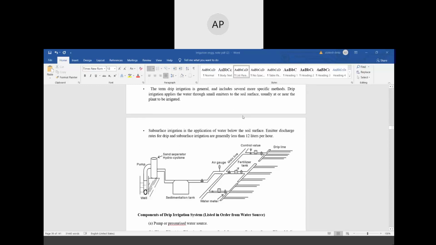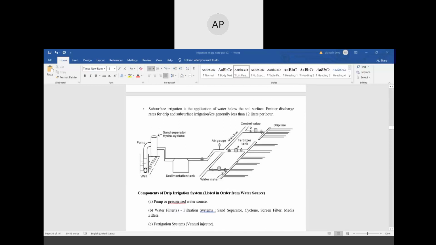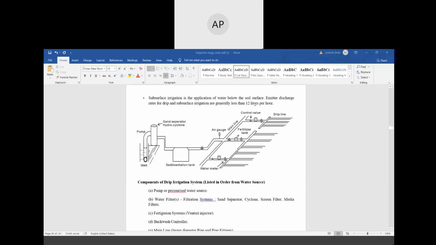Subsurface irrigation is the application of water below the soil surface. So in a drip irrigation system, we supply water directly to the subsurface portion of the soil.